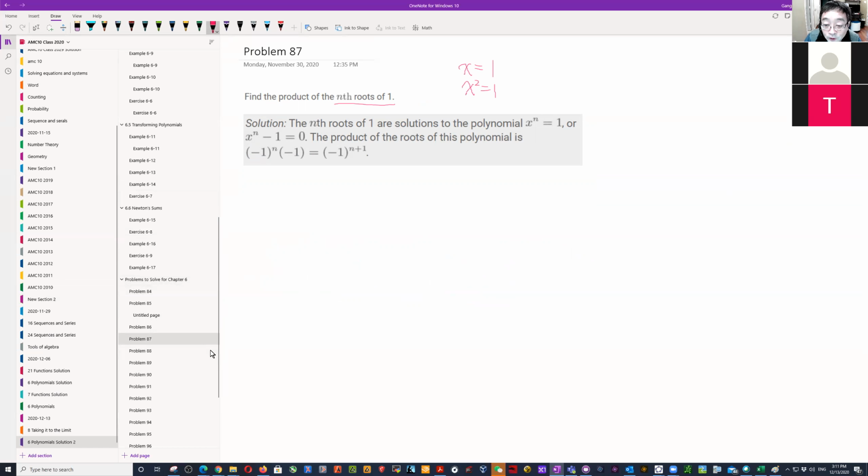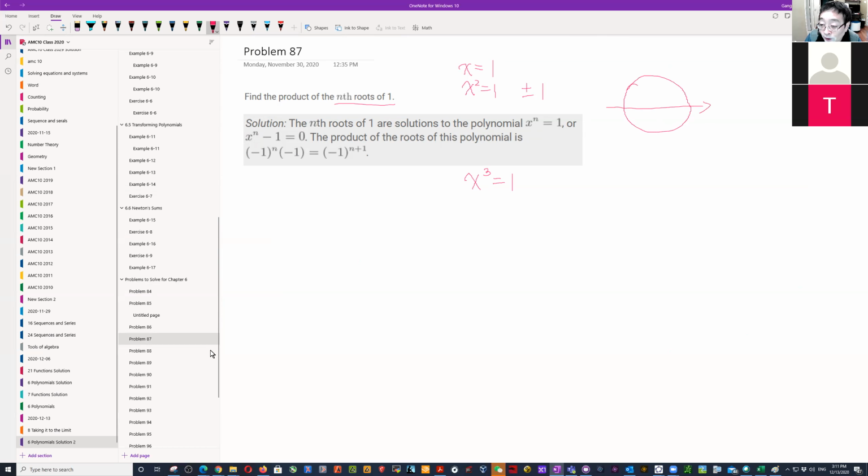And it's actually in complex analysis. So it's a more difficult topic, but basically, if you draw the roots in the complex plane, all the roots of x to the nth equal to 1 will be located on the unit circle.